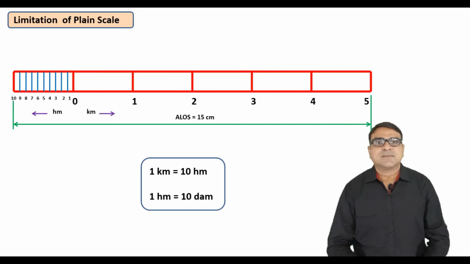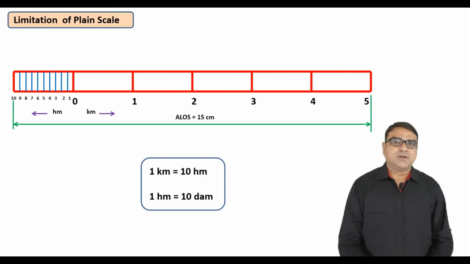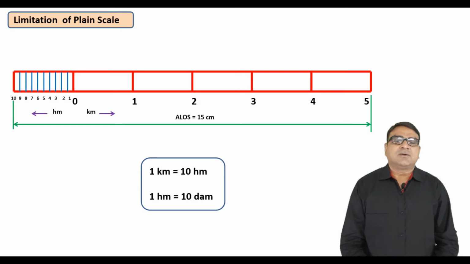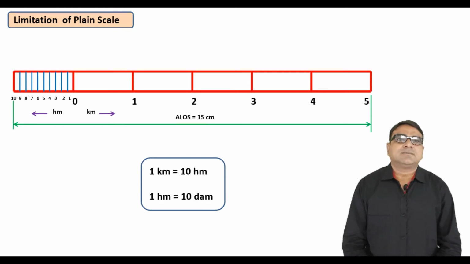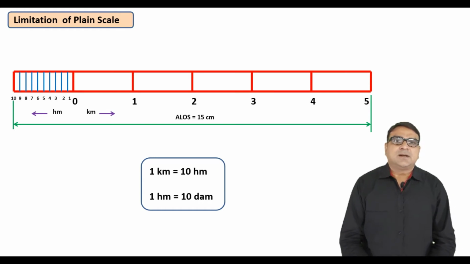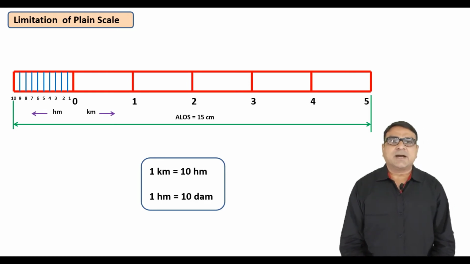Okay. Now what is the limitation of plane scale? Here we discuss the limitation of plane scale. We have one problem as we discussed previously. In this problem, our maximum measurement is 6 kilometer, which represents hectometer and kilometer units.